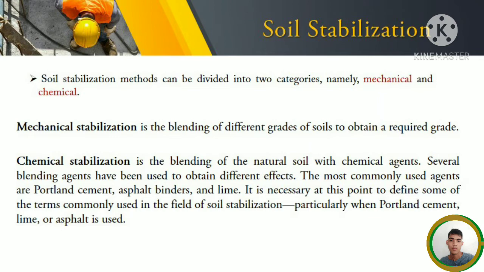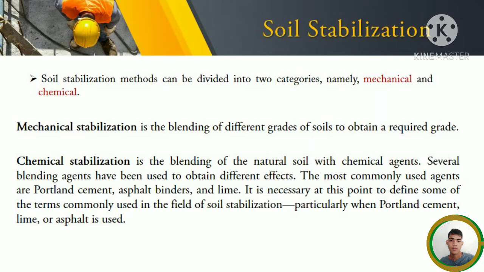So the second one is the chemical stabilization. Chemical stabilization is the blending of natural soil with chemical agents. Several blending agents have been used to obtain different effects. So later on, I'll also be presenting a table that shows different chemical agents used for soil stabilization.